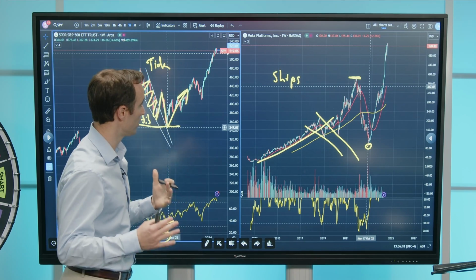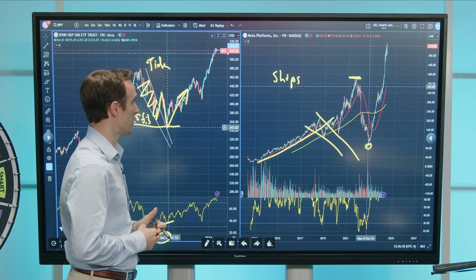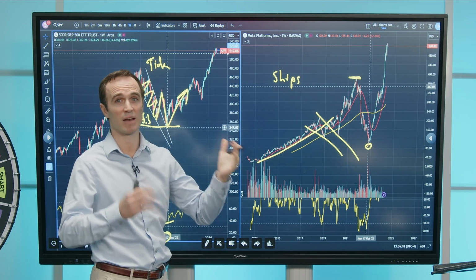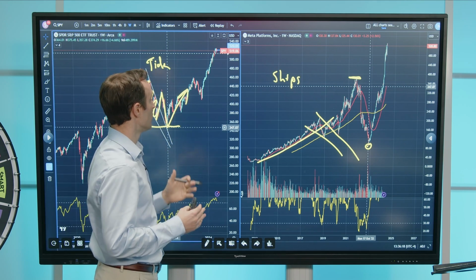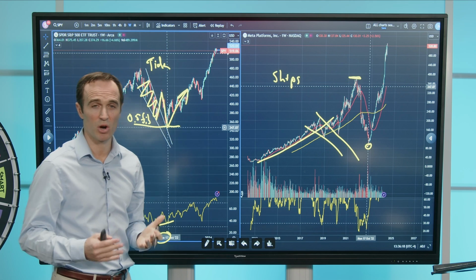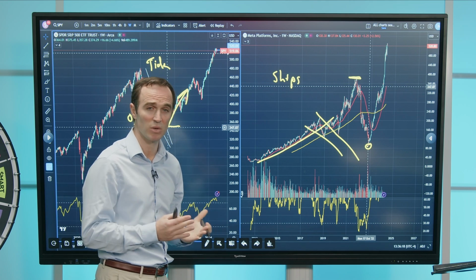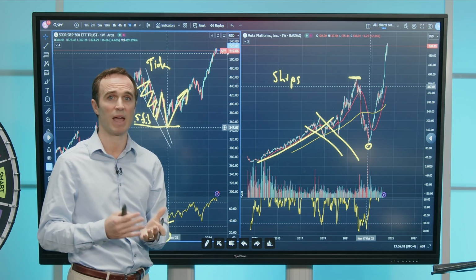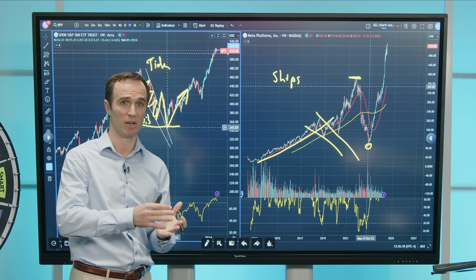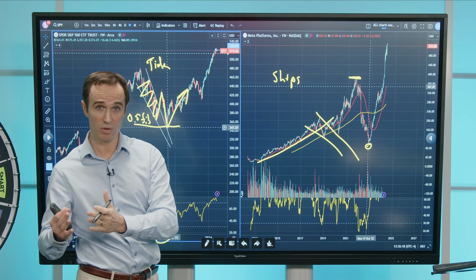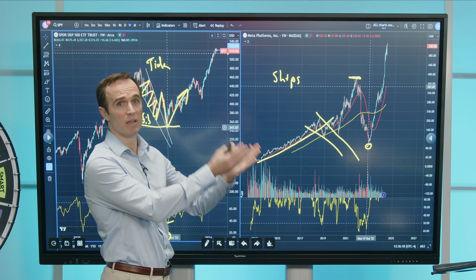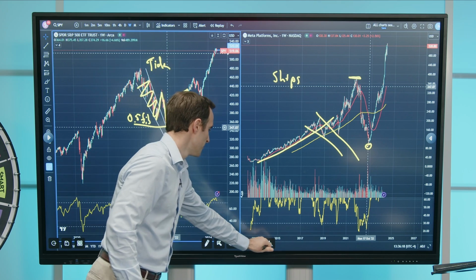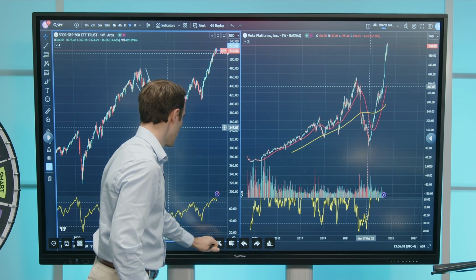This is a very, very important concept to understand. It works on the long side and also on the downside, which is why it's so important to chart the S&P continually to understand, hey, when is the market likely or equities likely to roll over, and when are equities likely to run? So that's Meta's chart.